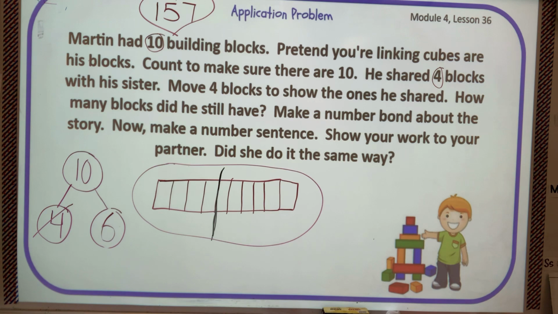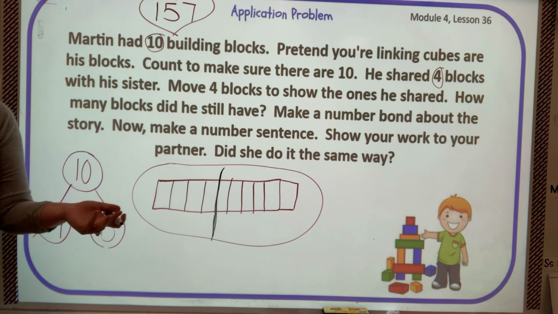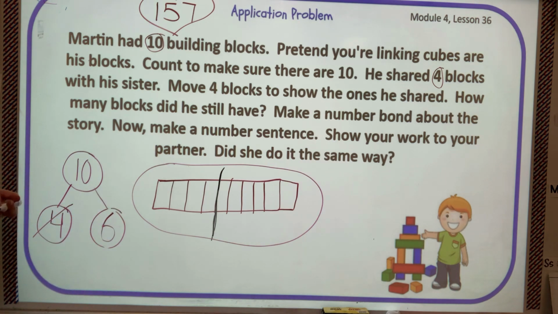Awesome, we did it. Now, I want to make a number sentence. What type of number sentence do I need to make? Addition or subtraction? Jonyan, what type of number sentence do I need to make?